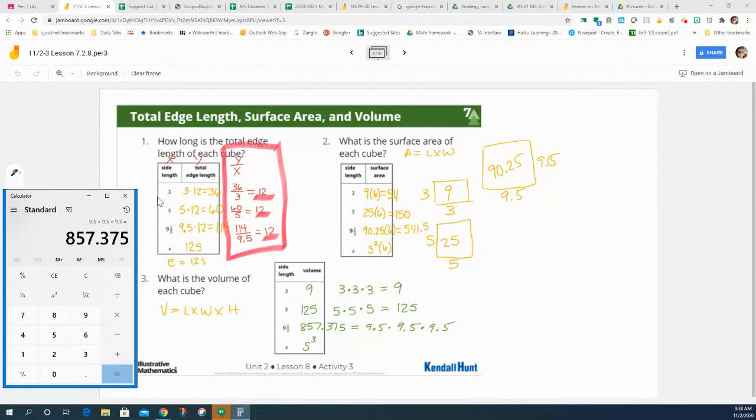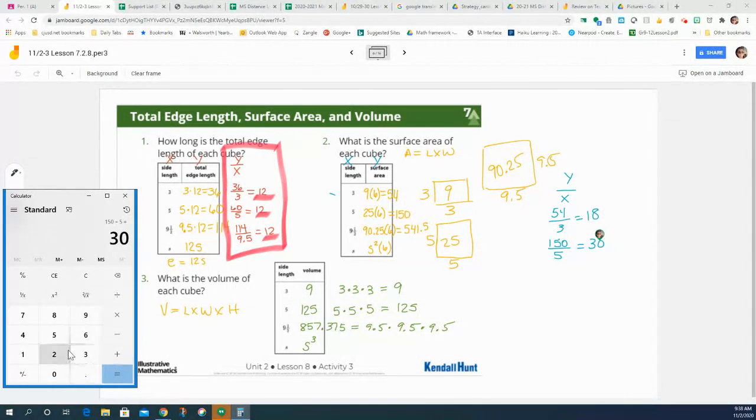Okay? And so now we have to prove the next one. So here's x, here's y, and I'm just going to write it out here a little bit. Y divided by x. We have 54 divided by 3 is 18. Now I'm going to take 150 divided by 5, and we get 30.